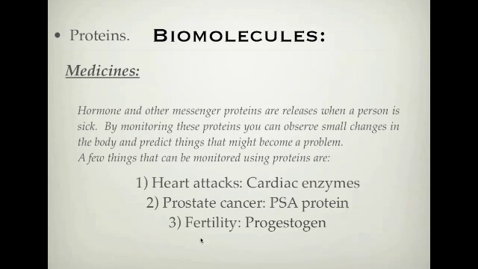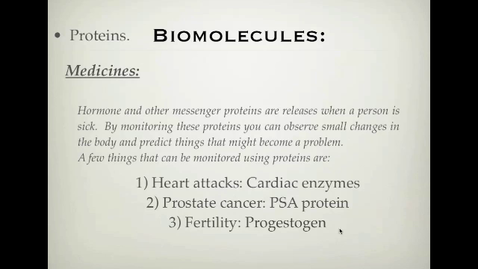Another thing is fertility. Different types of hormones, obviously, in a lady's cycle come and go. They peak at different areas. And one of the fertility hormones in particular is progesterone. And that is a hormone which basically starts off a lady's cycle.